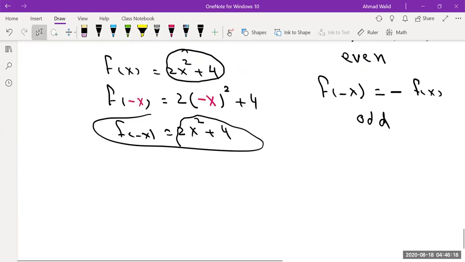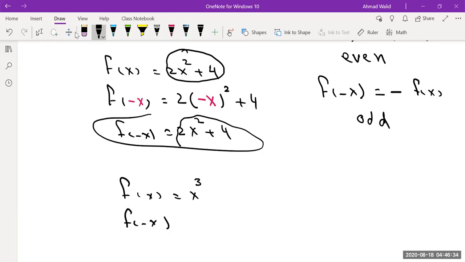Let me take an example of odd functions. Let's do the easy one. F of x equal x cubed. To test if this function is even or odd, I'll replace x with negative x. Then this one will be negative x cubed. And you know a negative number to the power of odd gives you back negative.